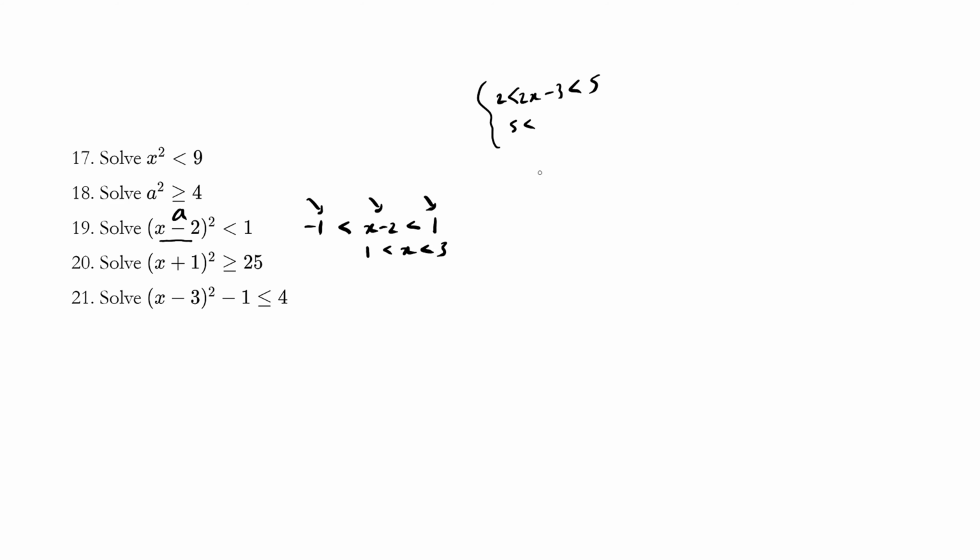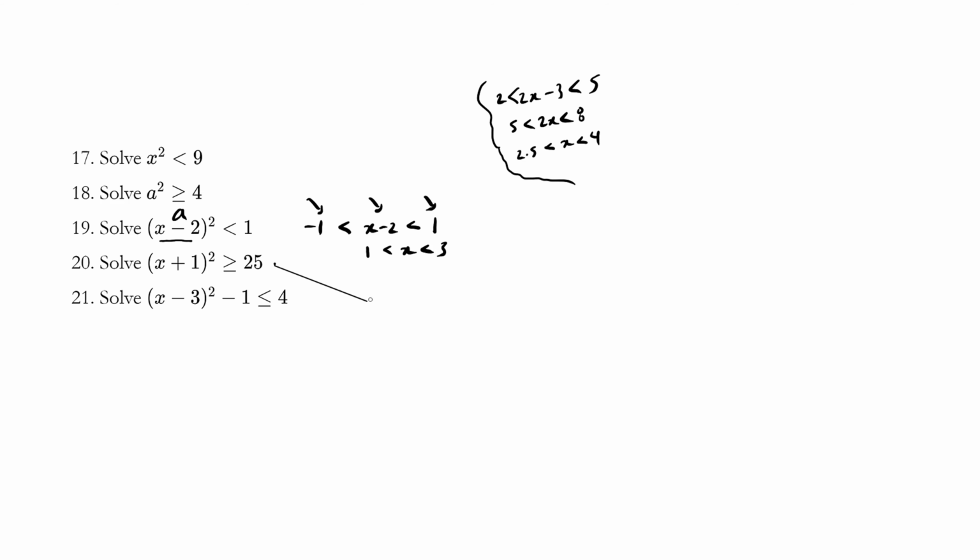So this becomes 2x less than 8, and then you're allowed to divide both sides by 2. So this becomes 2.5, or 5 over 2, less than x is less than 4. And of course, if you're dividing or multiplying by a negative number, you should flip all the inequalities. So this is just for enrichment.